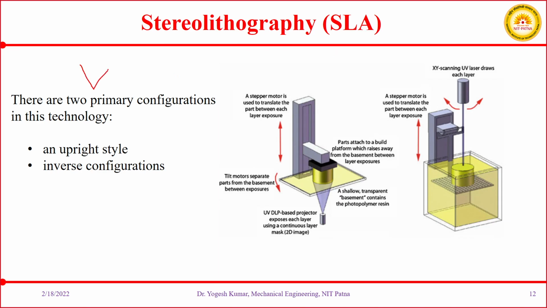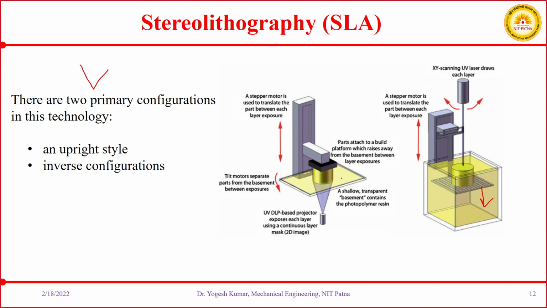And in SLA, we were talking about two kinds of arrangement. In one arrangement, we lower the build platform. There may be another case where your UV source is kept below a transparent build platform, and you are exposing your liquid resin below this build platform.